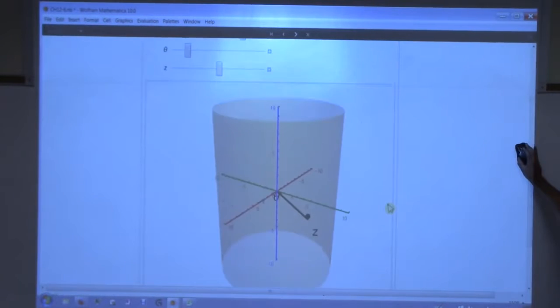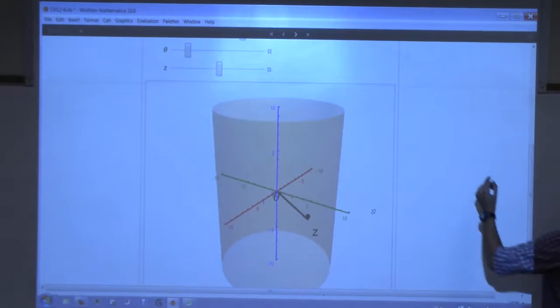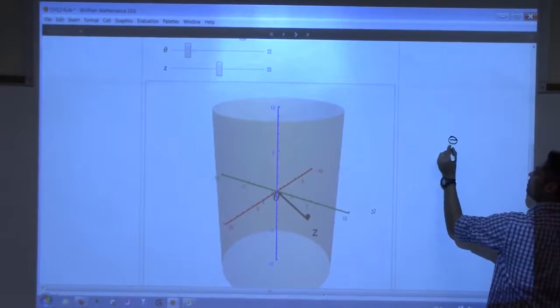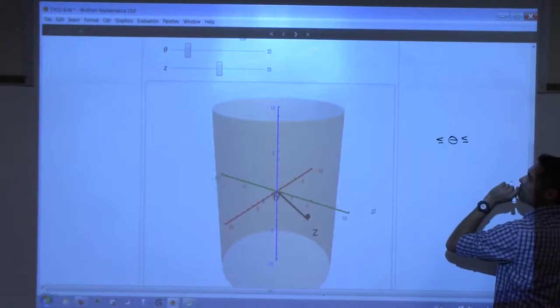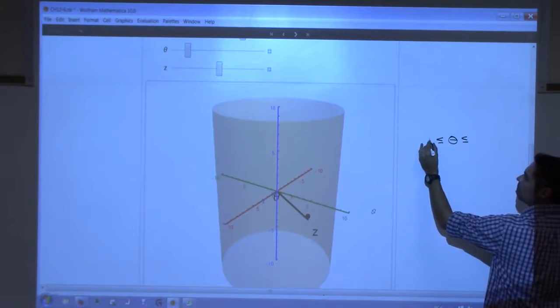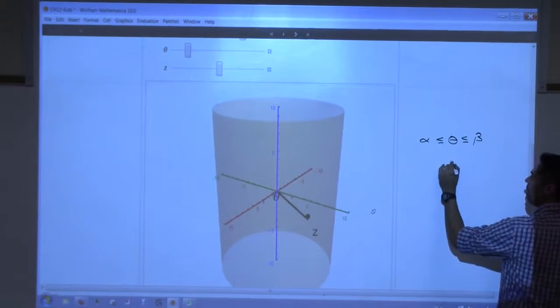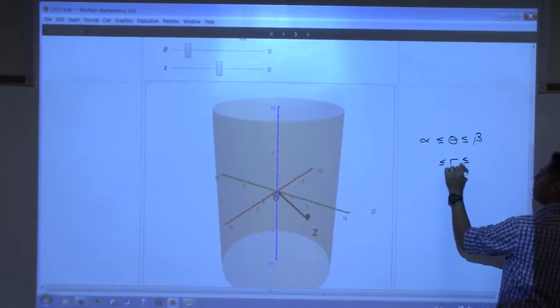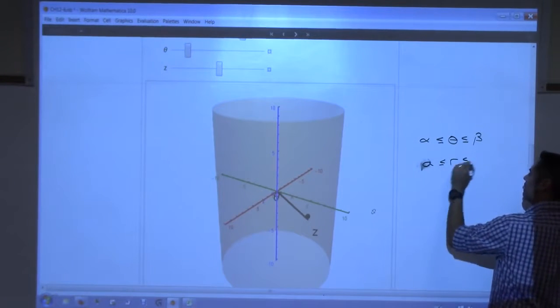This is what cylindrical coordinates looks like. If I let my theta be between two constants, alpha and beta is what we used, and I let my r be between two constants, I think we used a and b.